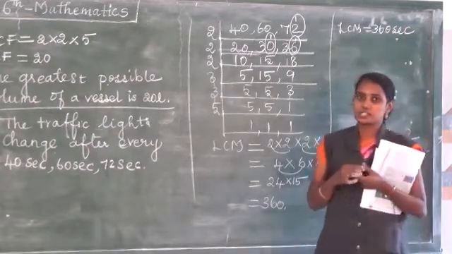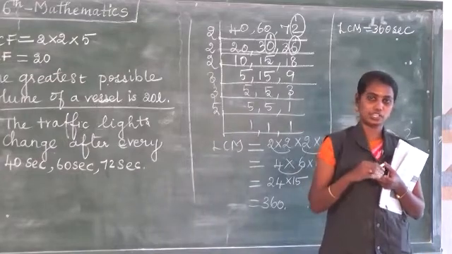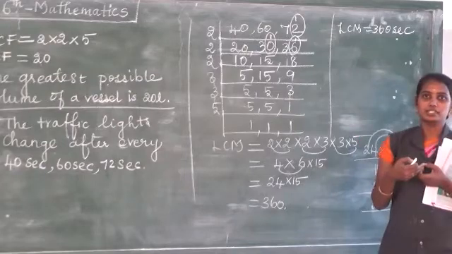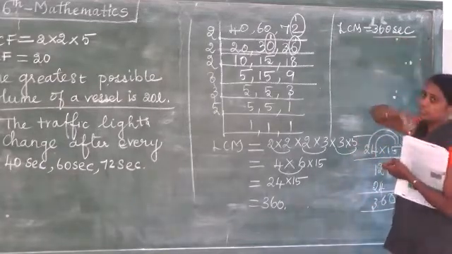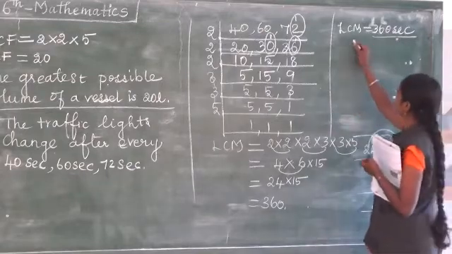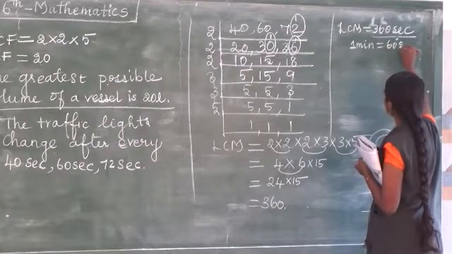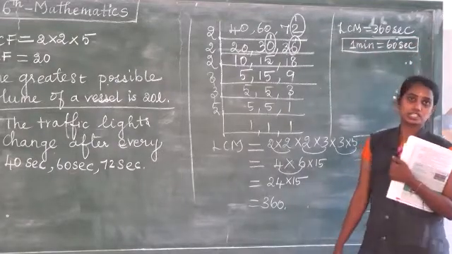Will you say 360 seconds? No, if it is 60 seconds or 52 seconds, the seconds can be converted into minutes. So here I am going to convert into minutes. 1 minute equals 60 seconds. 1 minute equals how many seconds? 60 seconds.